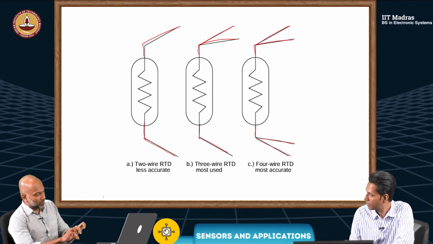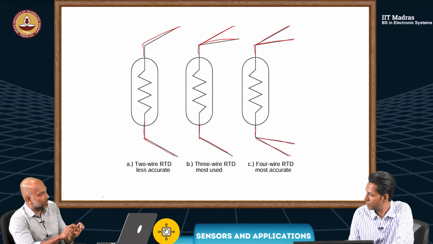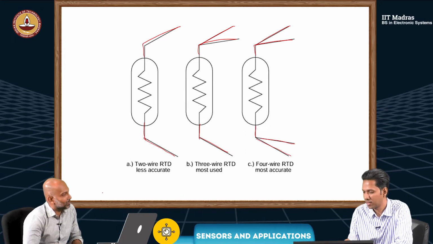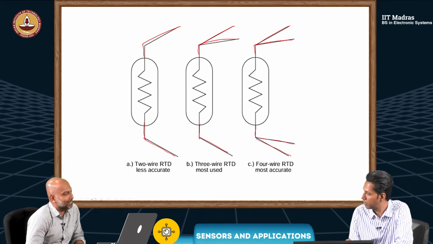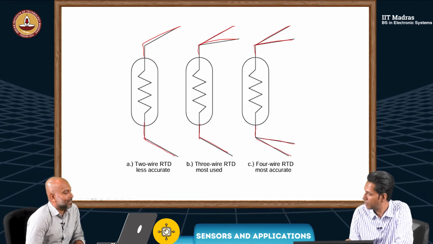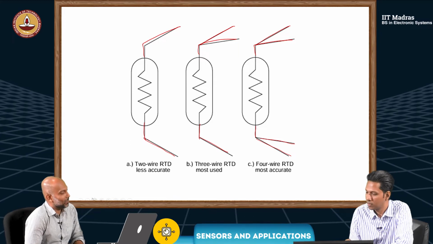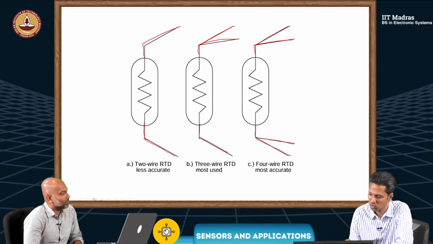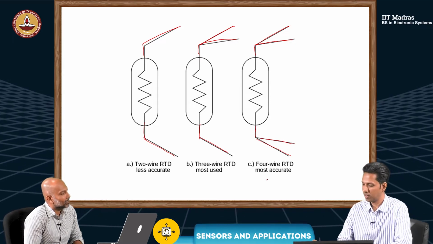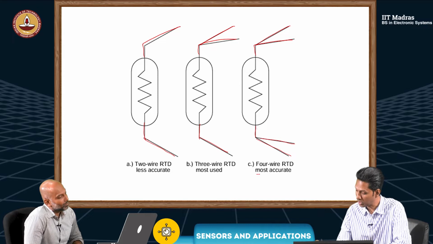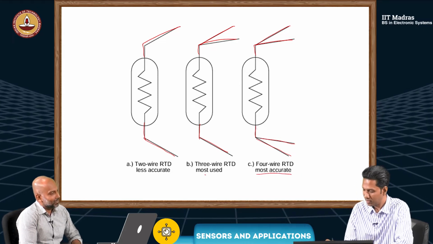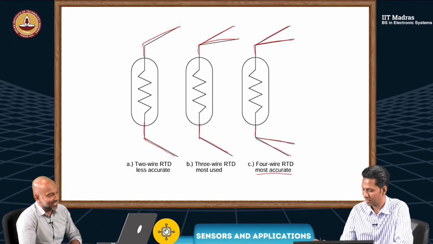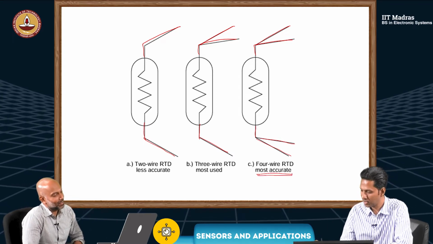So are you taking the added resistive components as something separate? I don't know from this how it is possible to separate. Some kind of reference, so you can get rid of that component. I'm not sure. So maybe we can just discuss this 4-wire. It says most accurate. Then the 3-wire will probably become more obvious. Yeah. So let's discuss this briefly.